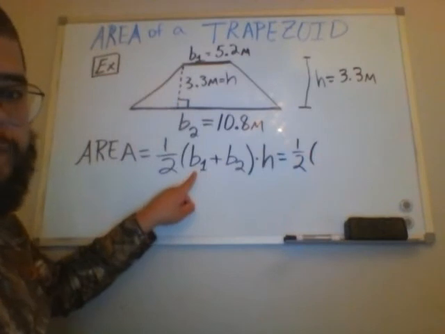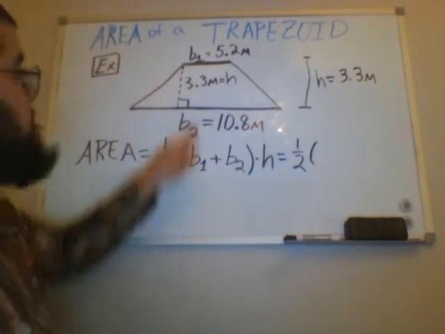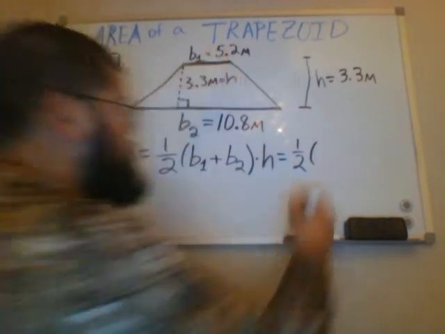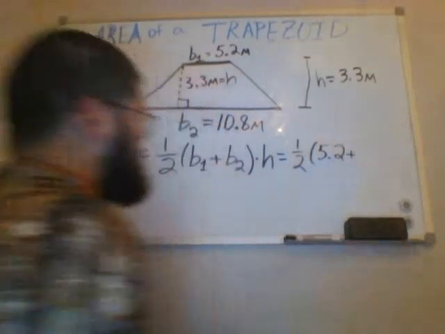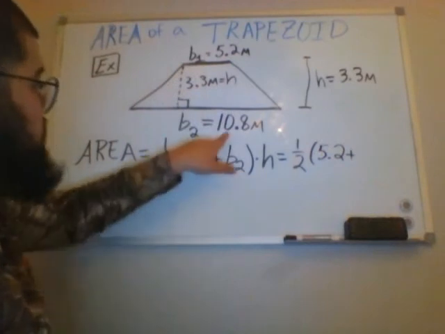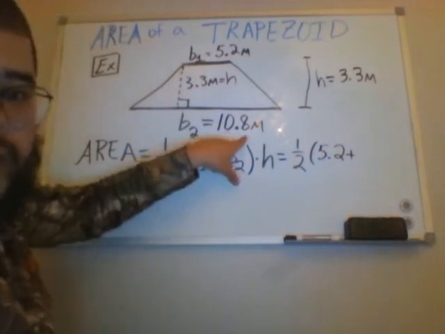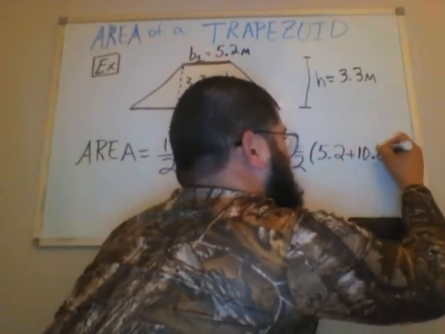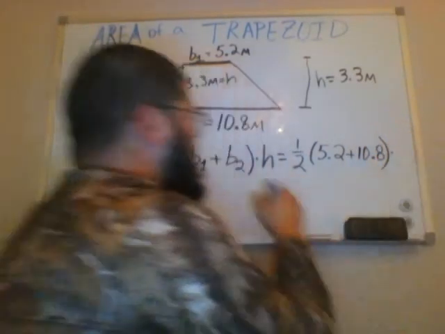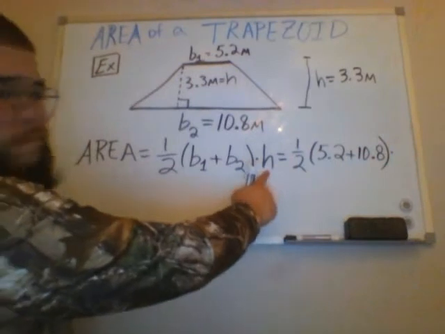What is base 1? 5.2, right? It's 5.2. So 5.2 plus base 2, which we know is 10.8, okay? 10.8, close parentheses, times the height. What's the height?